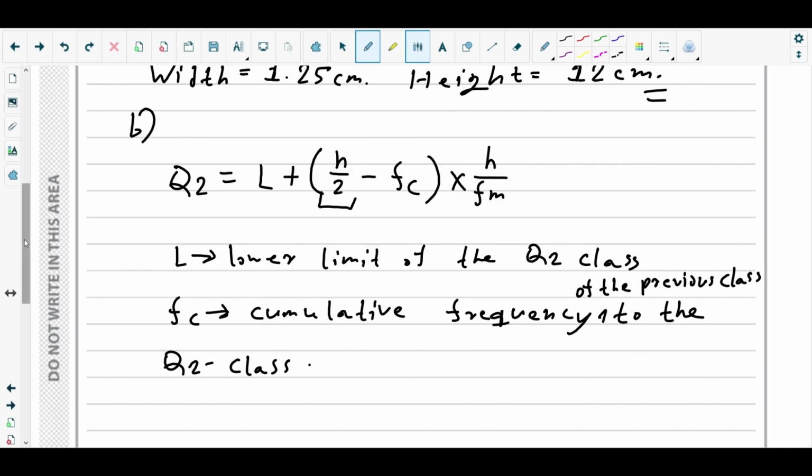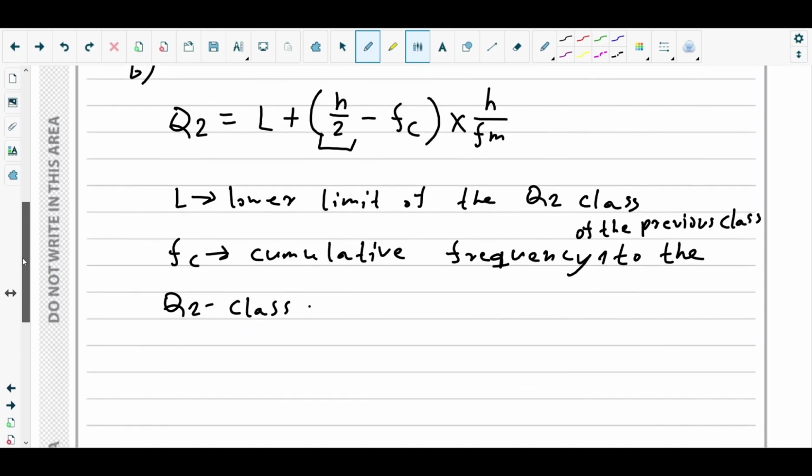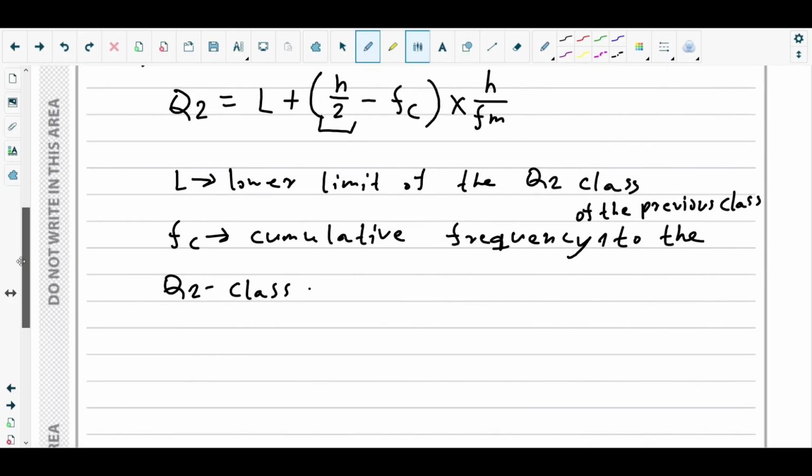This is the cumulative frequency of the previous class of the median class. And h is the class width, and fm is basically the frequency of the median class. This is the fm.